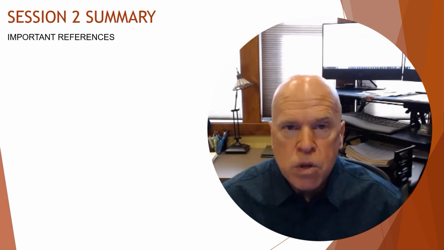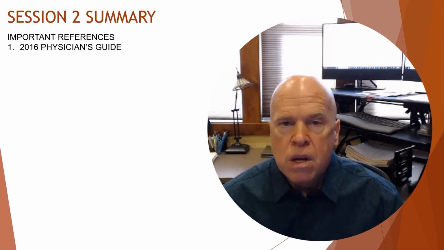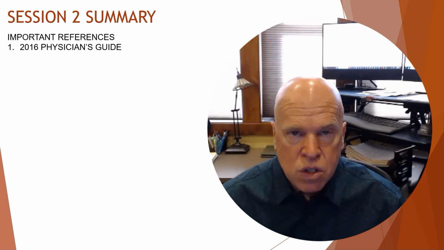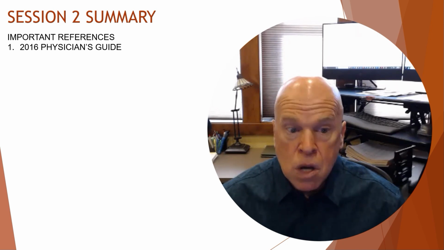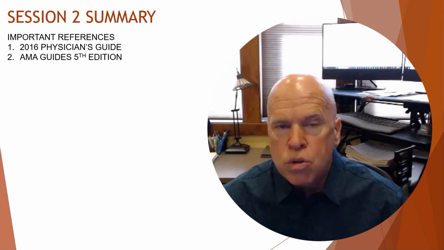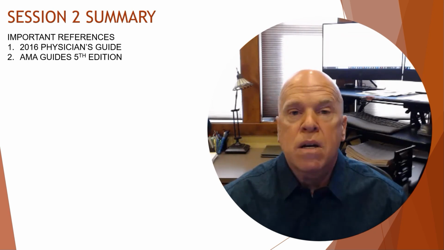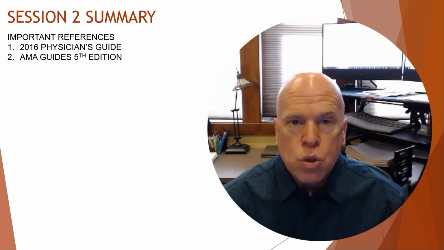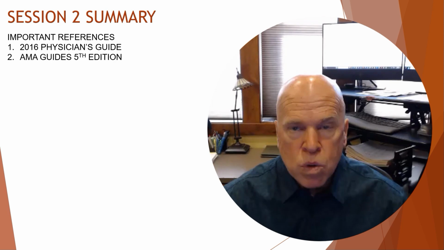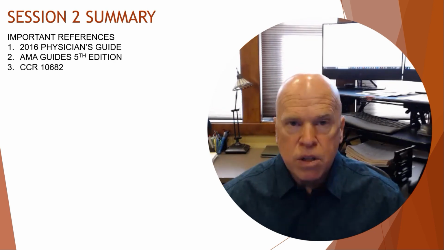So let's just review the important references that relate to the production of the medical legal report. We have the 2016 Physician's Guide, and you should have your copy of this document. We have also the AMA Guides 5th edition, which is not so much specific to California workers' compensation, but it's specific to the permanent impairment evaluation, which is a component part of the medical legal evaluation here in the state of California.